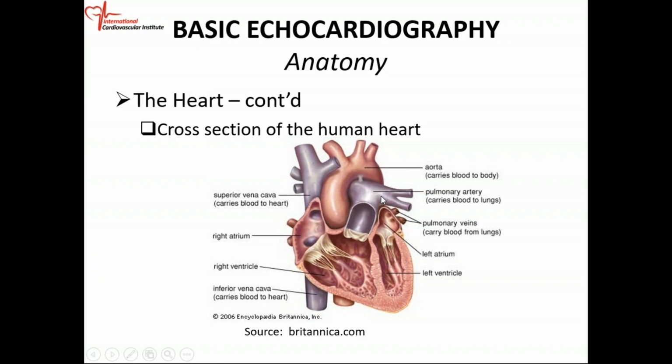So that is the right side. On the left side, we have the left atrium on top, and the left atrium is going to drain into the left ventricle via the mitral valve. The mitral valve has two leaflets, an anterior and a posterior leaflet. The mitral valve has two leaflets, and you have two papillary muscles.